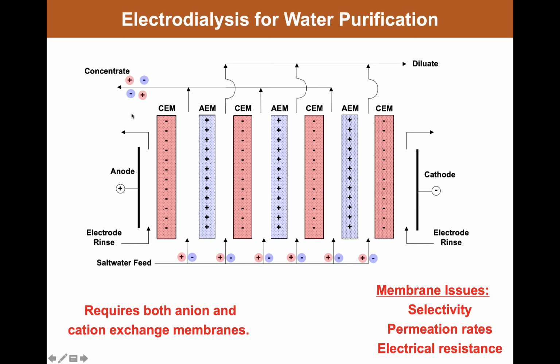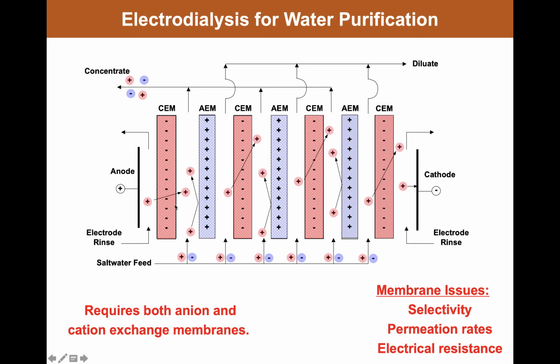Those that have positively charged groups on the polymer backbone are called anion exchange membranes because those positive charges will attract anions, or negatively charged ions. And so the way electrodialysis works is that a saltwater feed is passed through each of the channels between alternating cation and anion exchange membranes, and then an electric field is applied across these electrodes.